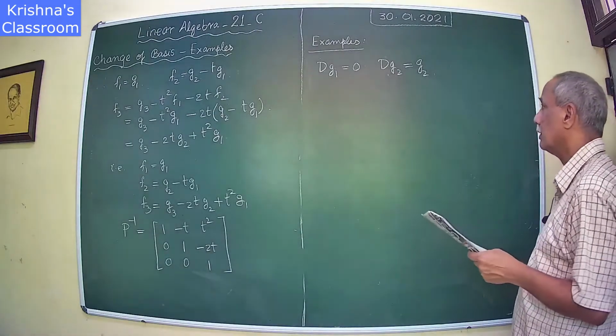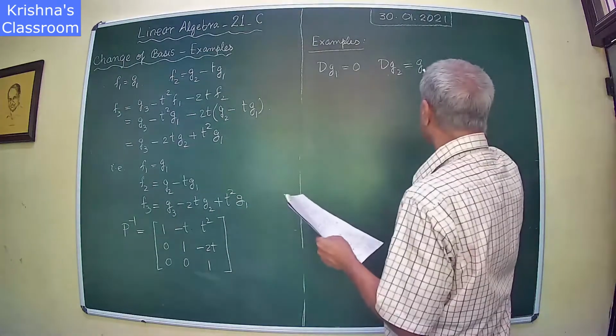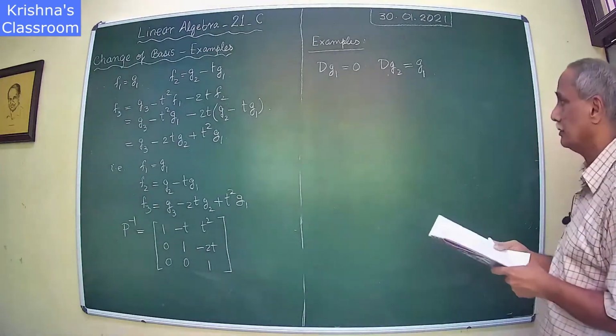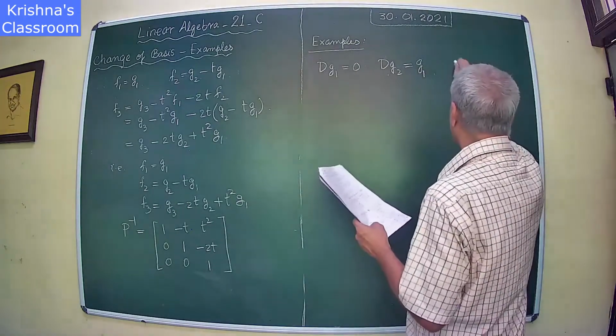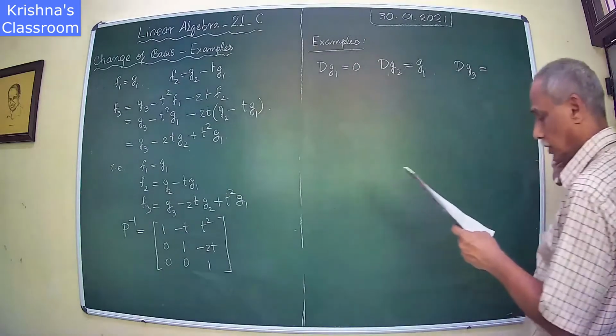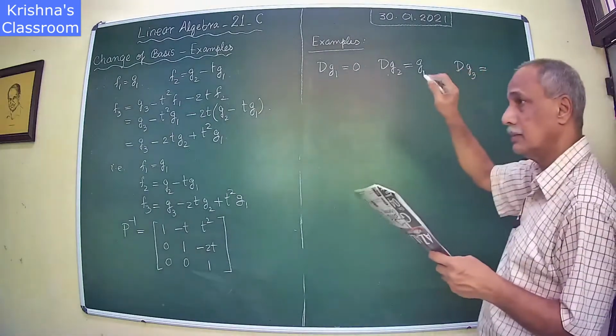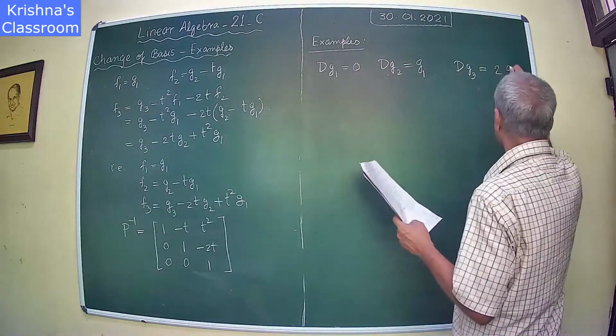So D of G2 equal to G1. And D of G3, this is equal to what you get, twice x plus t. Therefore, this will be twice G2.